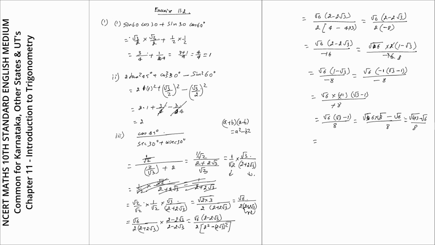So this is equal to root of 6 3s are 18 minus root 6 by 8. So root 18, if I factorize it, 2 9s are 18, 3 3s are 9, 3 1s are 3. So root 18 I can write as 3 root 2 minus root 6 by 8. So here I can take this 3 outside. 3 root 2 minus root 6 by 8 is the answer.